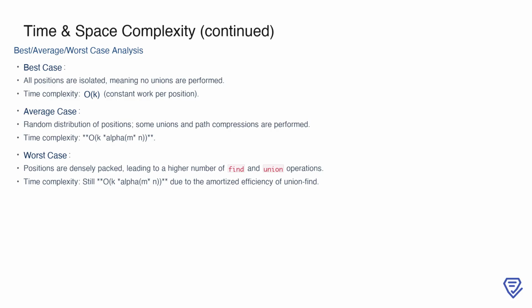For the average case with randomly distributed positions, some union and path compression operations are carried out, leading to a time complexity of O(k * alpha(m*n)). Even in the worst-case scenario, where positions are densely packed and unions occur frequently, the amortized efficiency of the union-find operations ensures that the time complexity remains O(k * alpha(m*n)). This demonstrates the robustness of the algorithm across different input distributions.